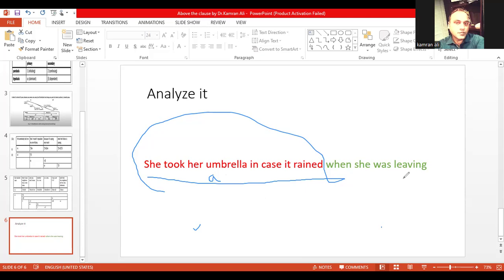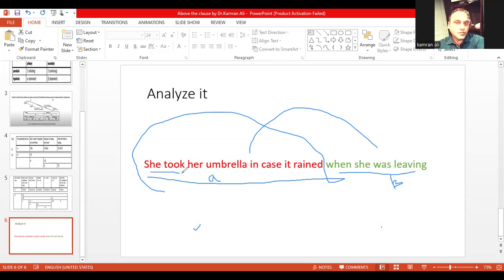When she was leaving. Now, this one is depending on this whole thing. So I can term it as beta. Now, if we look at this one, we can see that this can also be broken into two chunks here.